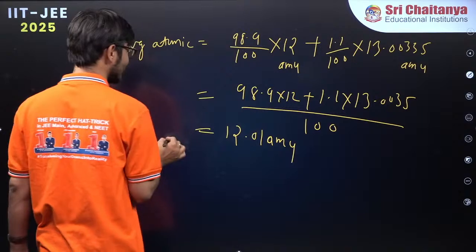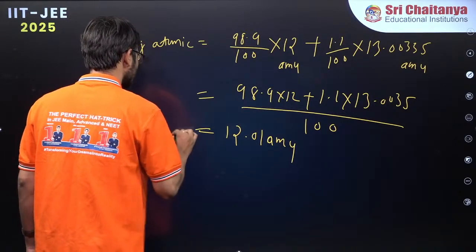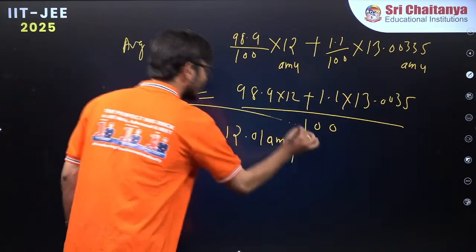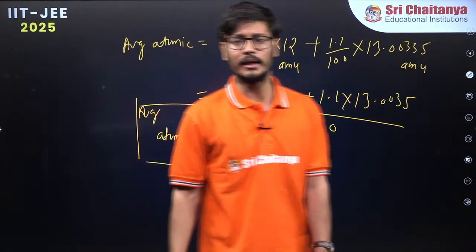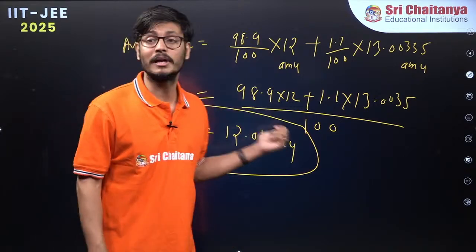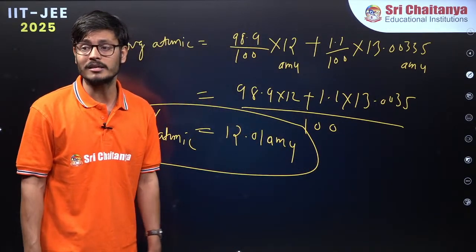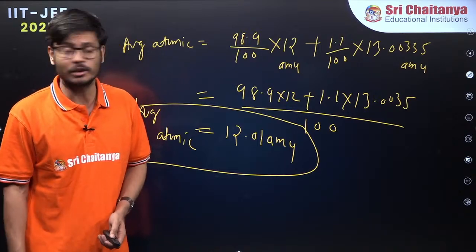So what we write is the average atomic mass. We include all the isotopes present in nature, and that is how we calculate it. What is the formula of average atomic mass?